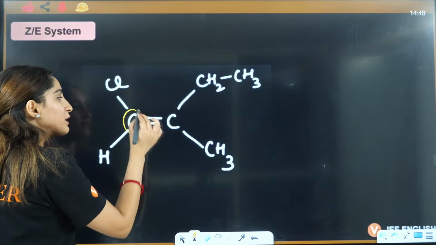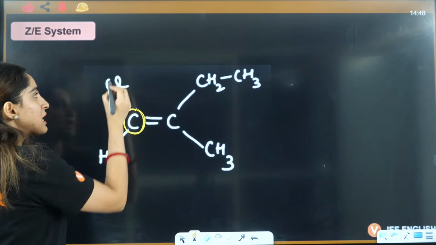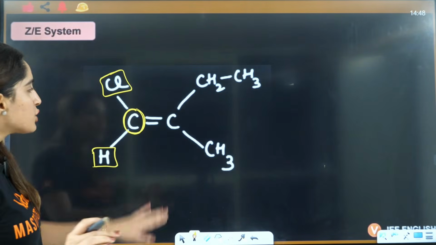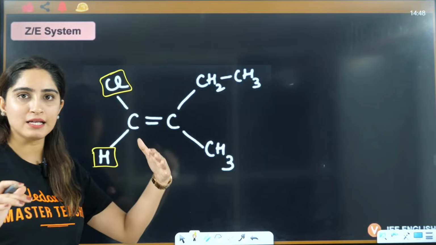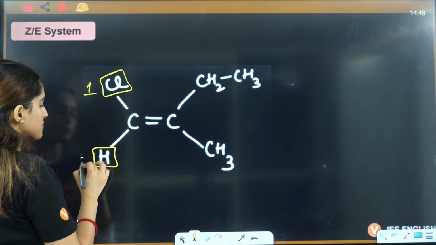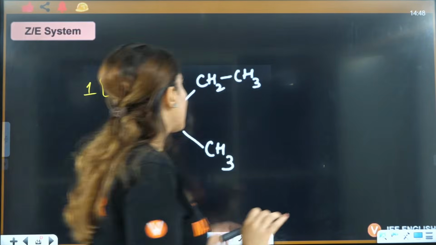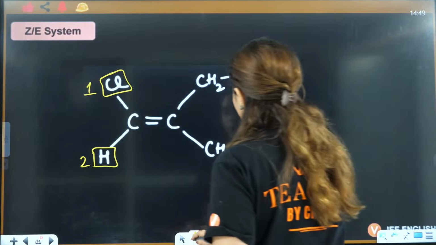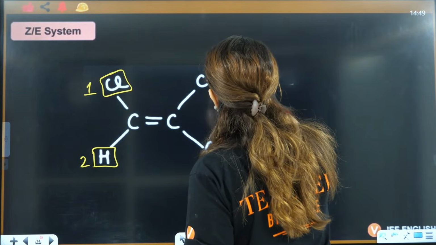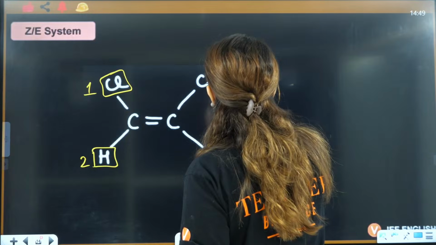Now on this particular carbon, if you see, this is the chlorine that you're meeting, this is hydrogen that you're meeting. So definitely chlorine has more atomic number. So here priority will be 1, this priority will be 2, right? In this case, if I want to elaborate it and write it, how do I write it? I can write it as something like this.